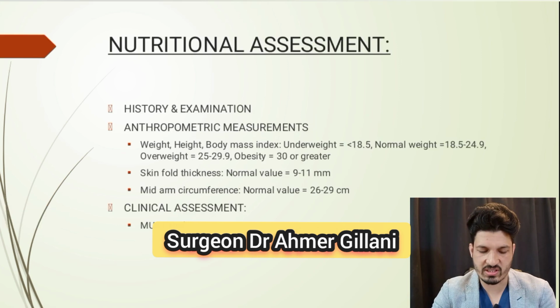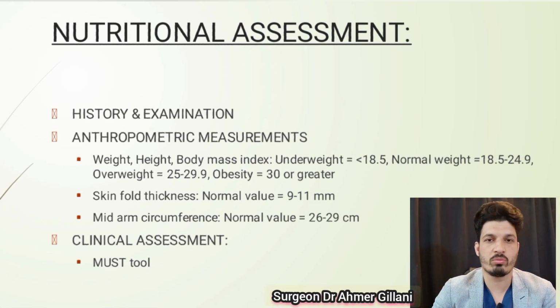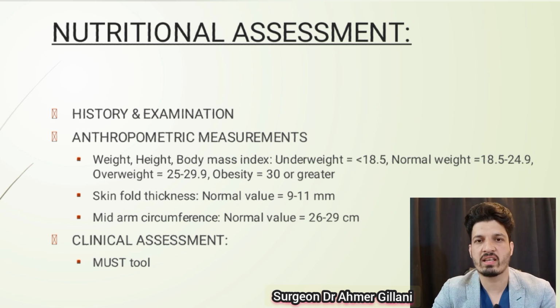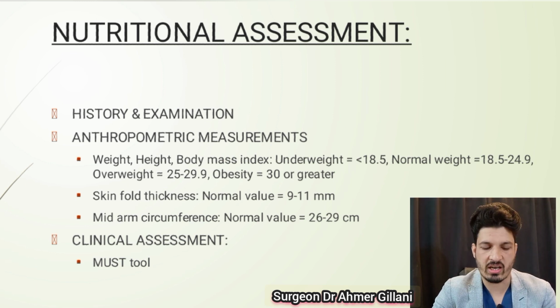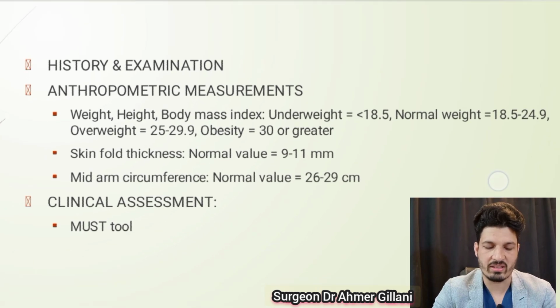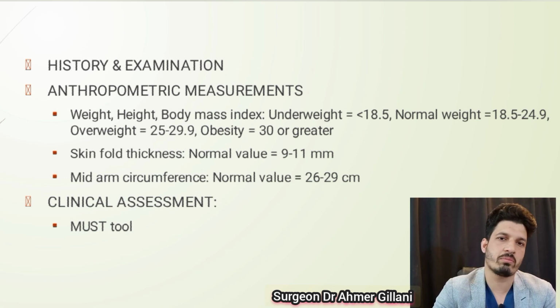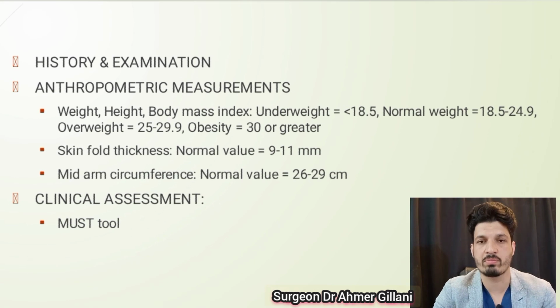So first step is the nutritional assessment. Definitely you will select the patients who will need nutritional build-up. So there are some parameters, like history and examination, and anthropometric measurements like weight, height, body mass index. Definitely you will do nutritional build-up for underweight patients.